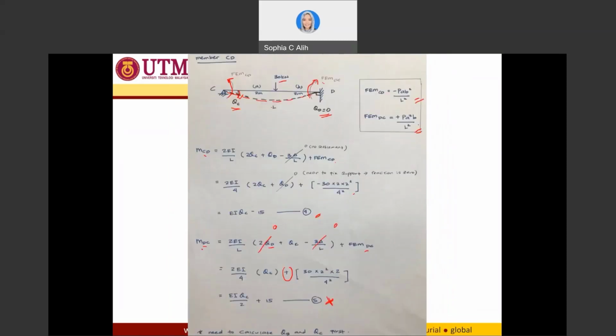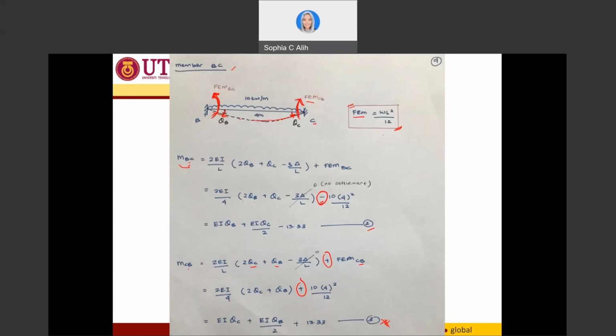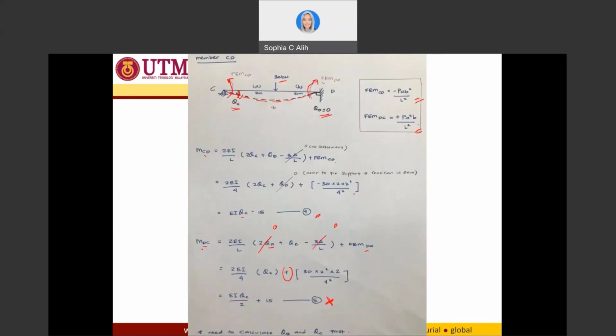However, these values are all in terms of theta, in which you don't know what theta is, so you cannot determine the final value of your end moments before you determine the values of theta B and theta C. Because all you have left here is theta B, theta C, theta C, theta B. So you need to first calculate theta B and theta C, before you can get the value of your end moments.